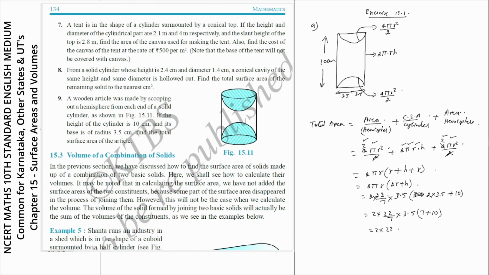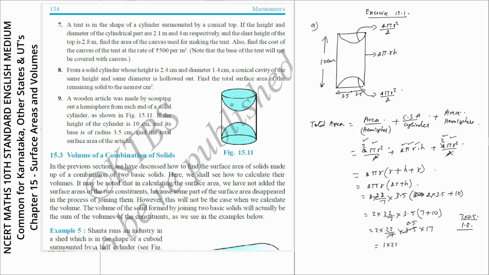So 2 into 22 by 7 into 3.5 into 17. Now 7 ones are 7, 7 fives are 35. Since 3.5 is there, I'll get 0.5. Now 2 into 0.5 is 1.